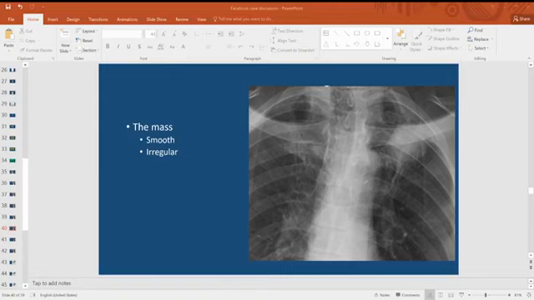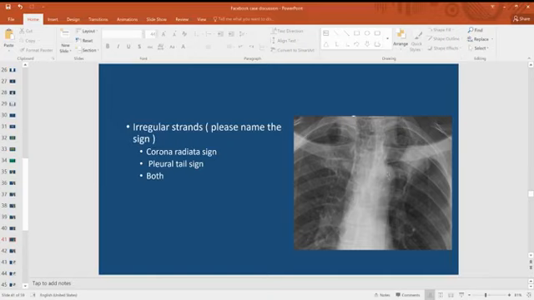Those irregular strands of the mass, what is the name of the sign? Is it the corona radiata sign, the pleural tail sign, or both? Please name the sign.